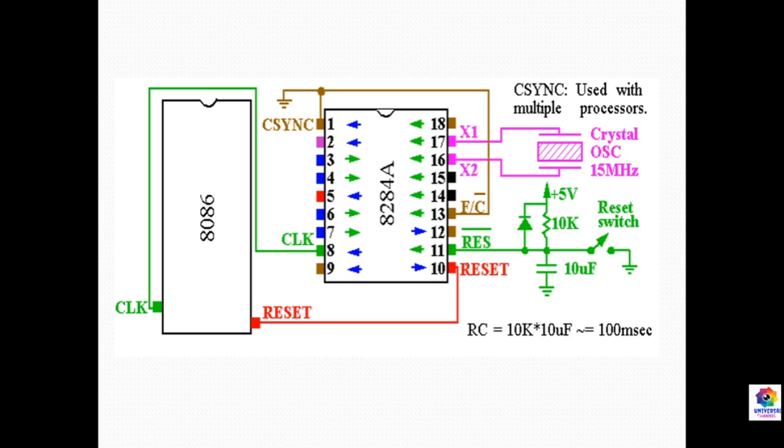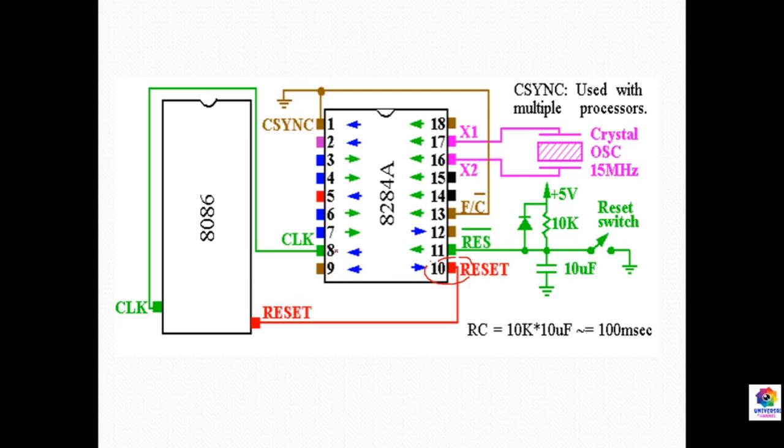This reset pin is controlled by the reset input pin, which is connected to the power supply, and whenever the switch is turned on, an active low signal is provided to this pin to reset the microprocessor through pin number 10.